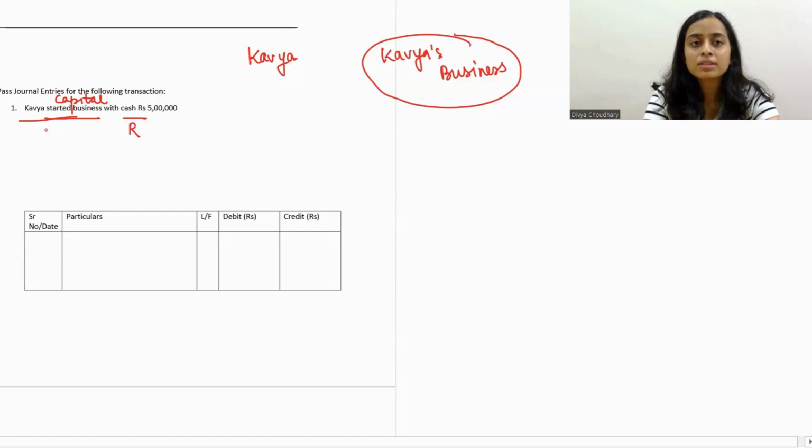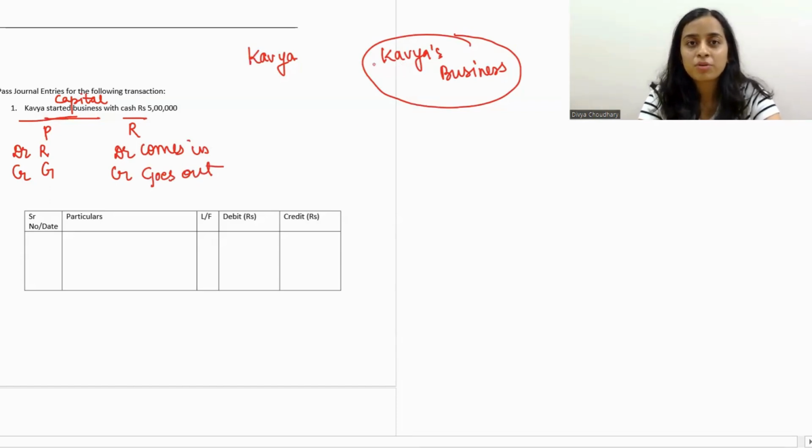Kavya's capital is a personal account. Debit the receiver, credit the giver, and the real account's rule: debit what comes in, credit what goes out.